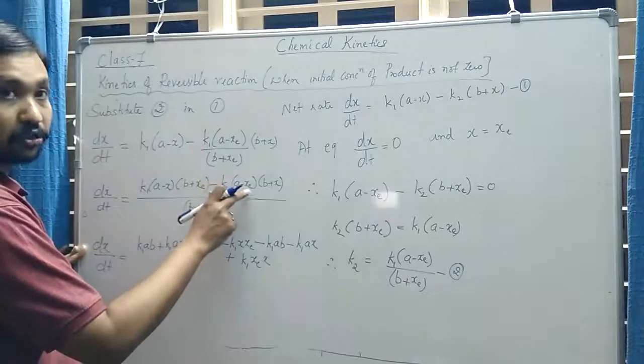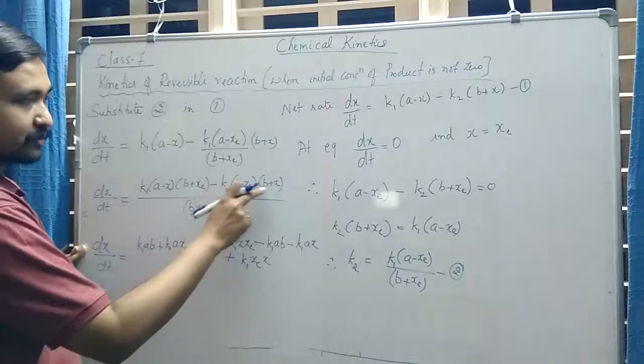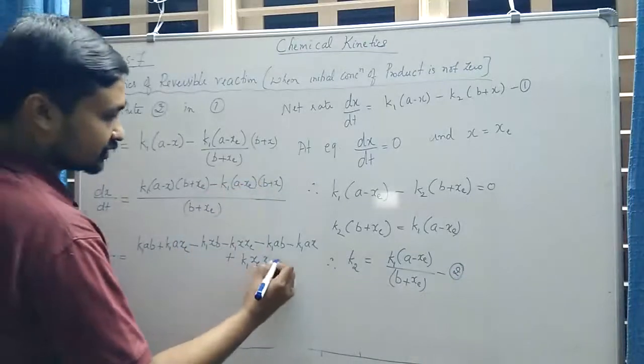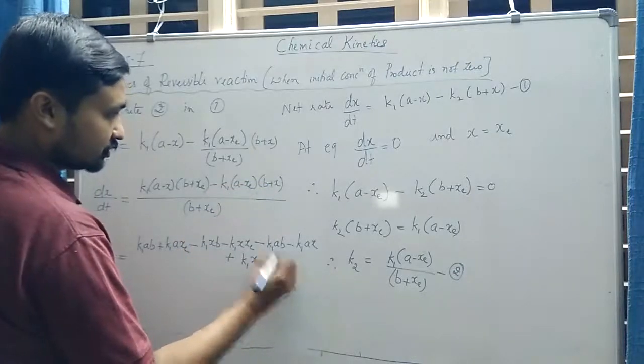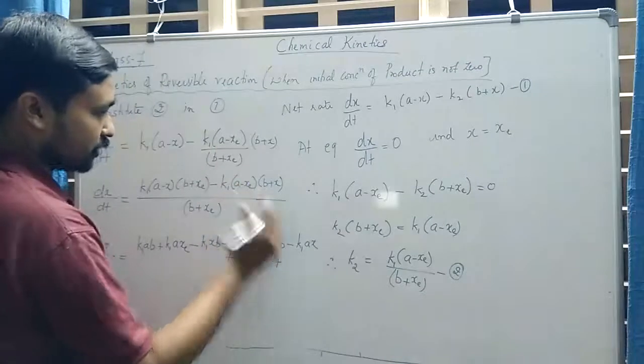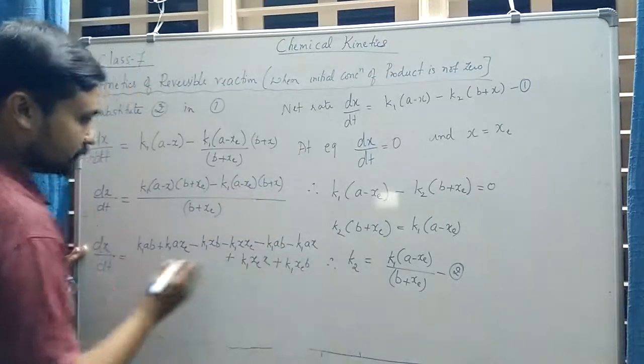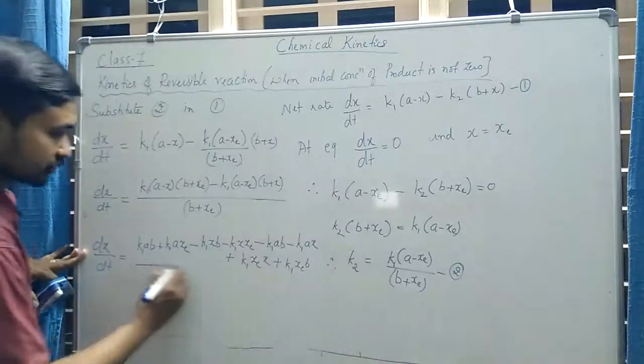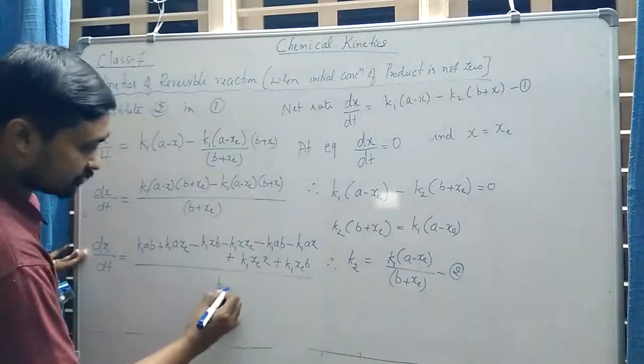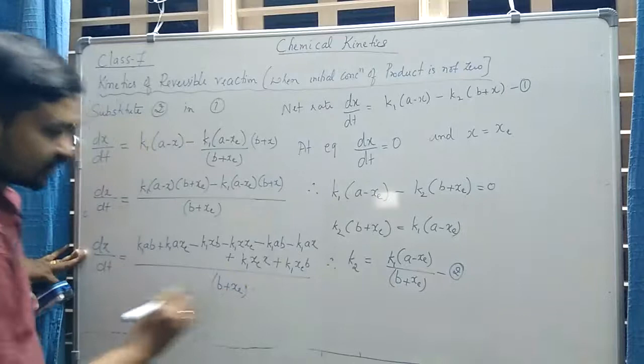The fourth is minus k1 into minus xe, that is plus, into b, so plus k1 into xe into b. So altogether you have 8 terms, whole divided by b plus xe.